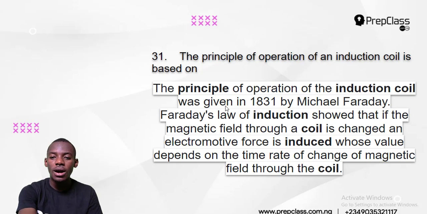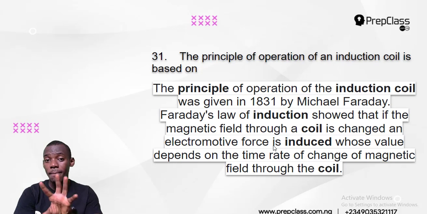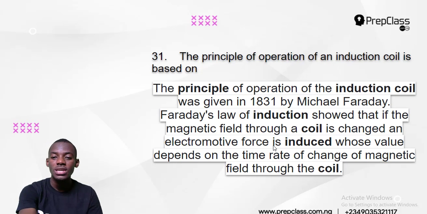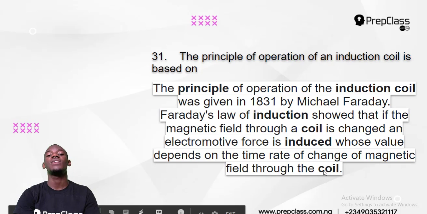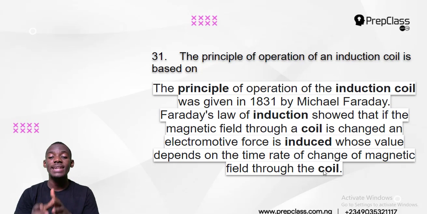It says that if the magnetic field through a coil is changed, an electromotive force, or EMF, is induced, whose value depends on the time rate of change of the magnetic field through the coil. So it is an interplay between the EMF and the magnetic field in the coil.